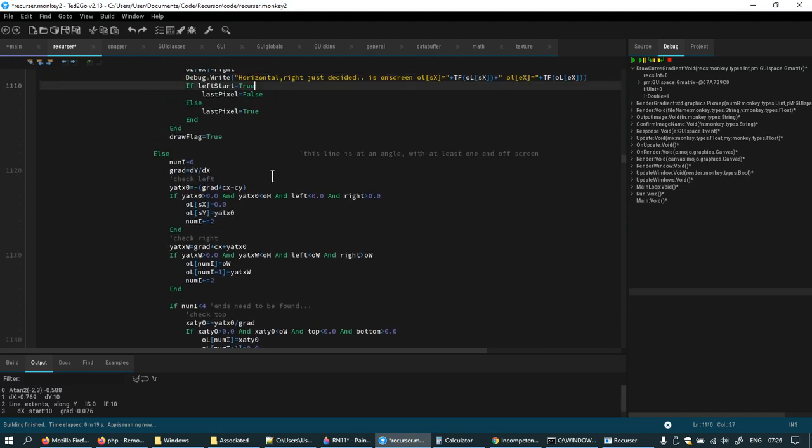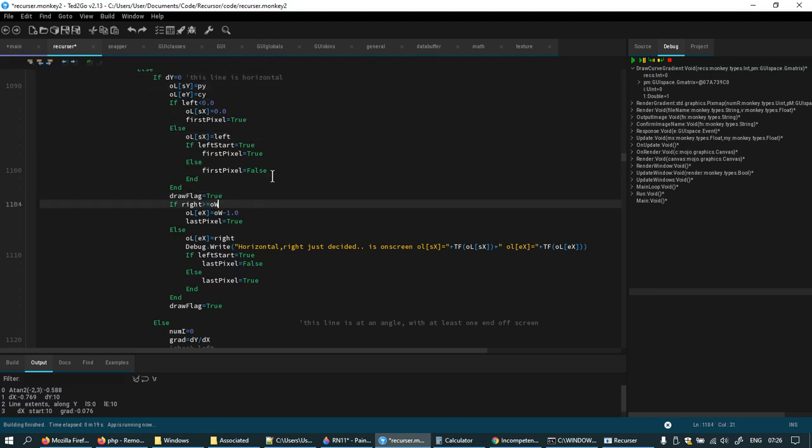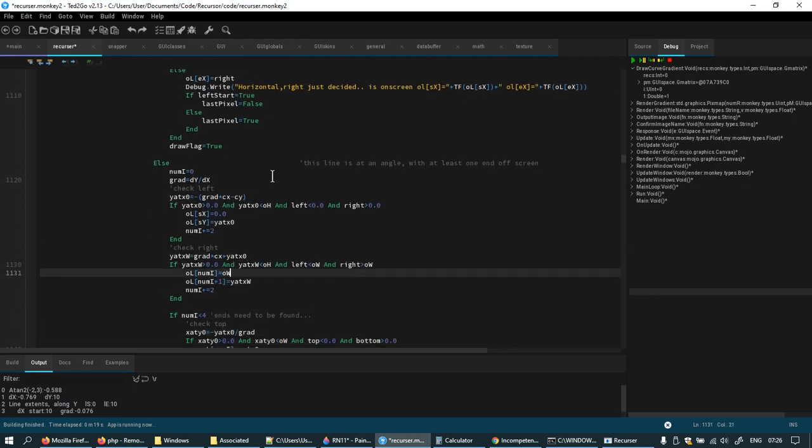And I'm a bit baffled that it's not. And up here, yeah, it is -1. If it crosses the right, yeah, it's -1, and I'm going to make this -1 as well.